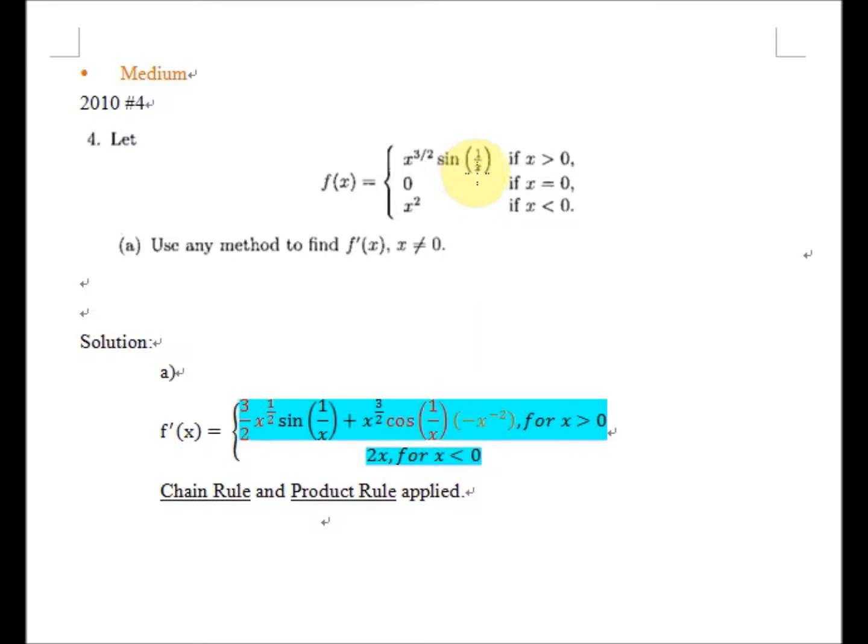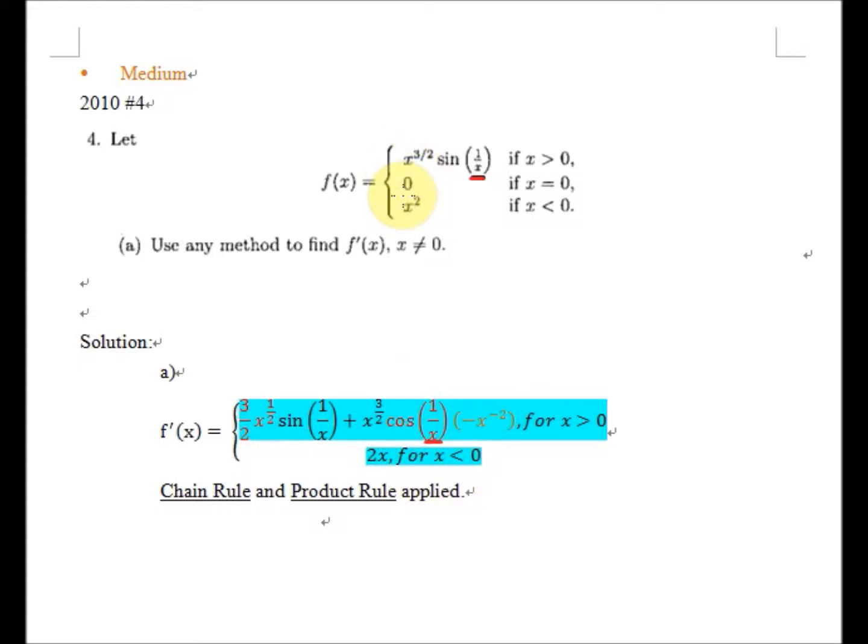Okay, so you're differentiating sine of something over here, and so that's cosine of something. But you're going to do the chain rule for that, so you multiply by the derivative of the inside, and that's it. Of course, you can simplify it a little bit.